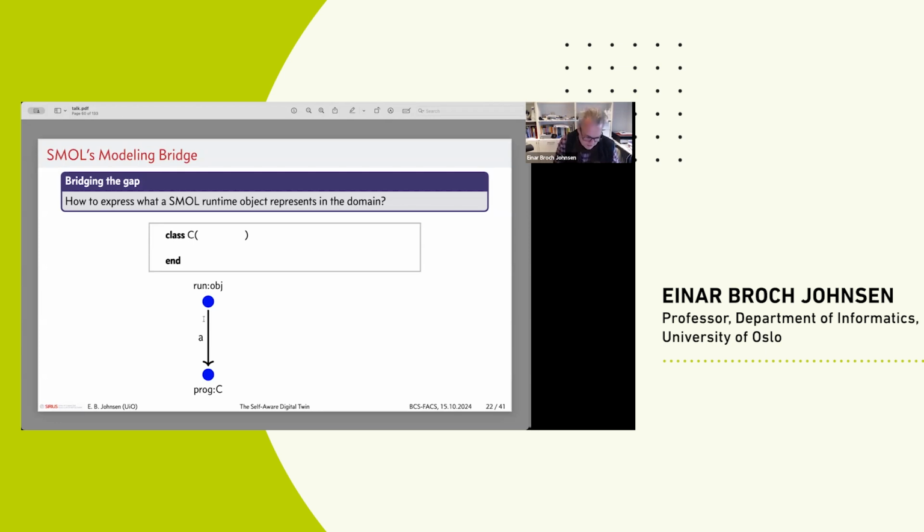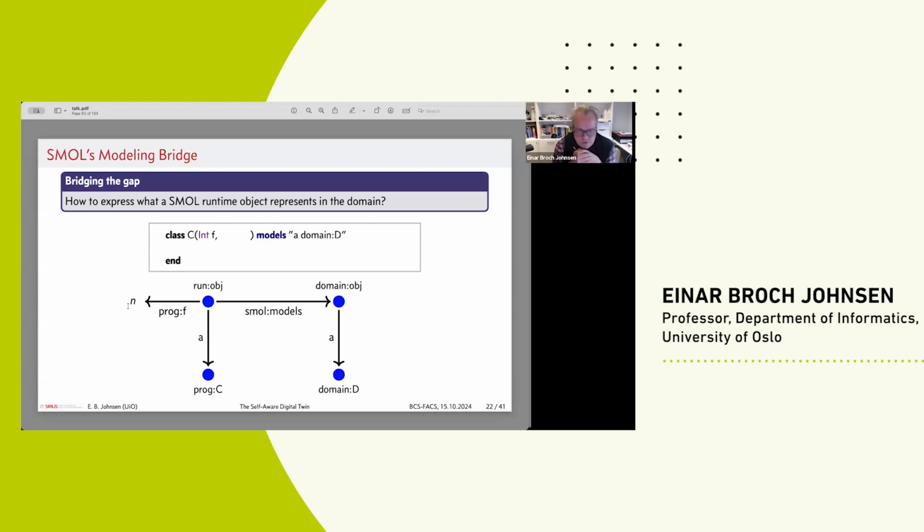But now we are in the semantic layer, so in the knowledge graph, and not in the runtime system. Now let's assume that this object has some field f with some value n. Then this will be lifted in the same way. So in the knowledge graph, this runtime object will have an f relation, where f is declared in the program, so it is program information, to a specific value n.